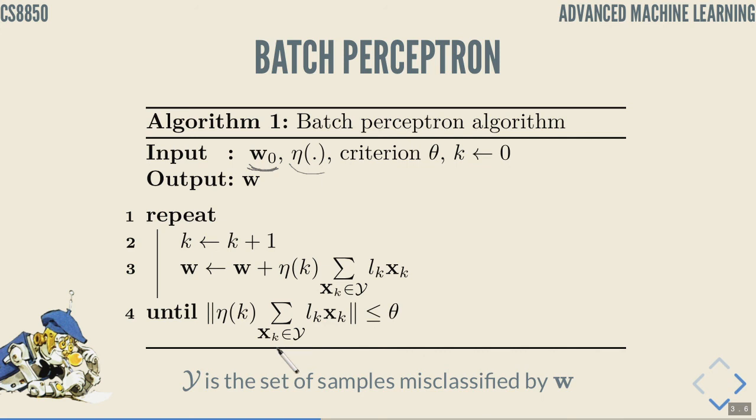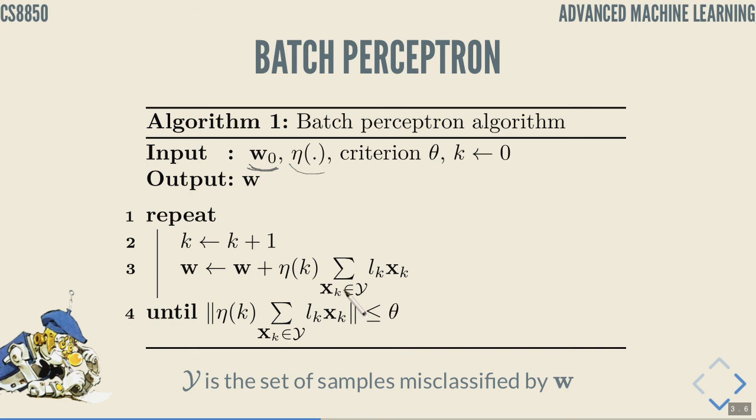So Y is the set of samples misclassified by the current W, the current hyperplane. If there is nothing misclassified, this is 0, and we're definitely less than the threshold.